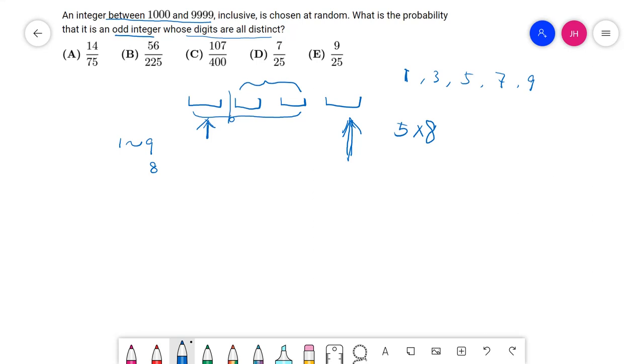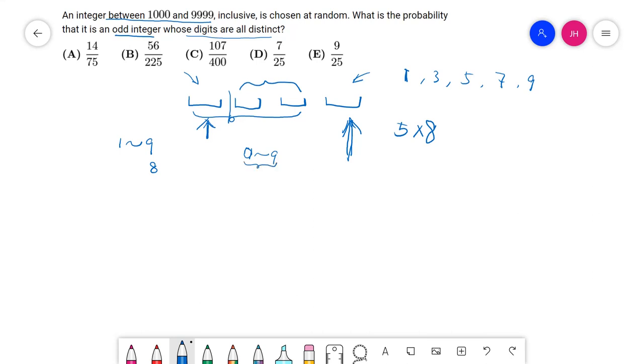Good. Then we can make a free choice for the middle 2 digits. So 1 digit has been picked for the leading digit, and 1 has been picked for the ones digit, the last digit. And for the middle 2, actually from 0 to 9, less 1 for the first and 1 for the last.